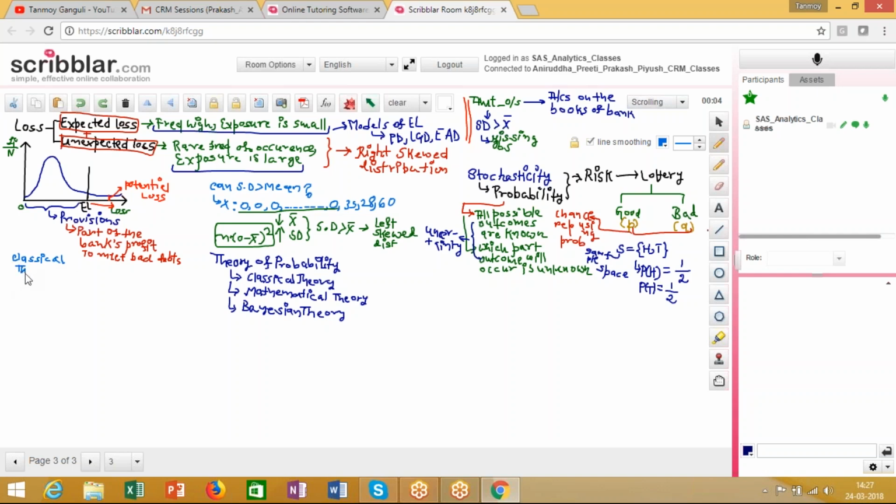So what is the classical theory of probability? It is the most basic and simplistic framework on which probability theory stands. It was the first proposed theory of probability, and it lays the basics of the theory.